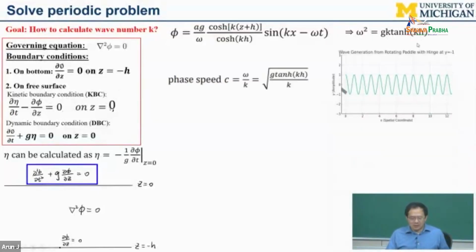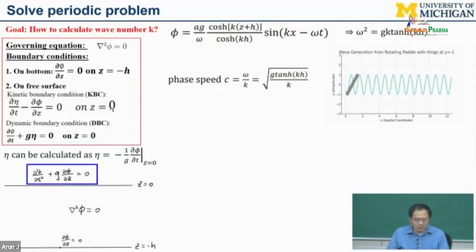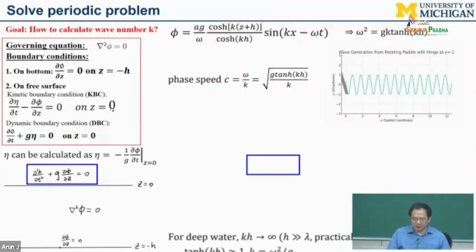Now if you look into wave propagation, you have the so-called phase speed. Phase speed is omega divided by k, right? You can imagine that when you generate the wave, it will transmit, and this is the phase speed. So it is a function of the water depth.